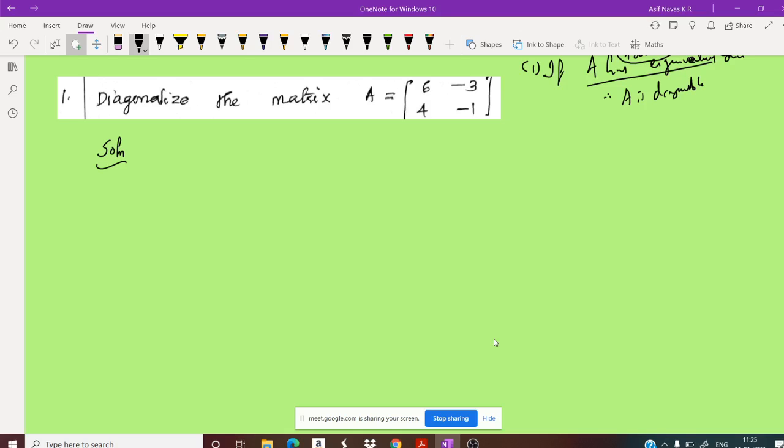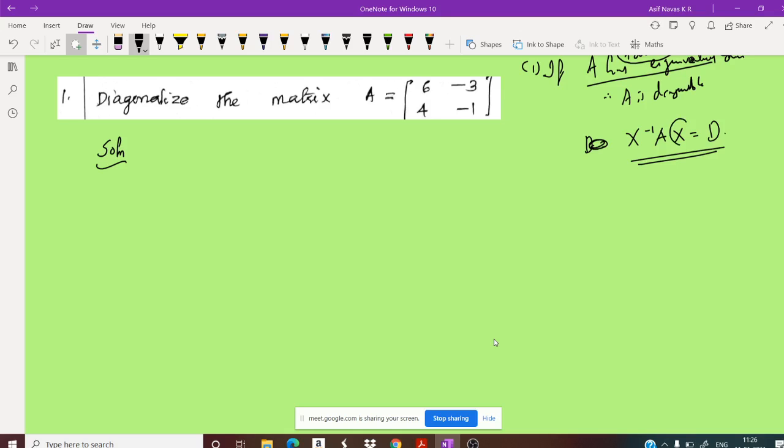Okay, now the first step is to write X inverse AX in the form D. That process is called diagonalization.